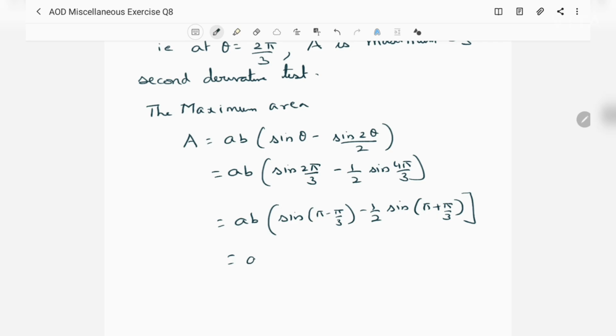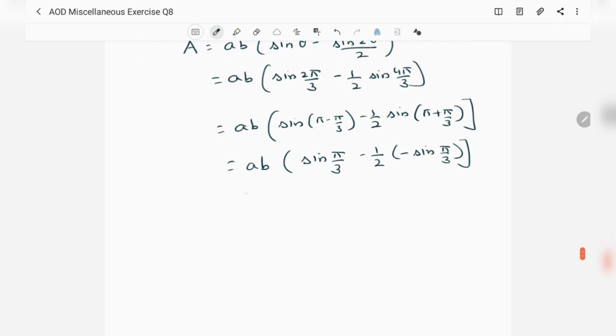This is equal to AB times sin of 180 minus alpha is sin alpha, so sin pi by 3, minus half into sin of 180 plus alpha is minus sin pi by 3. So this in turn is equal to AB times sin 60 is root 3 by 2, minus into minus plus half into sin 60 is root 3 by 2.